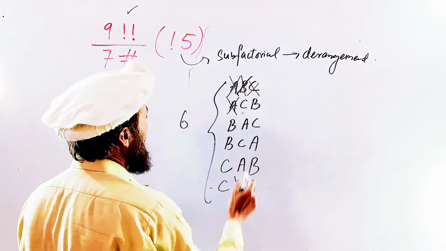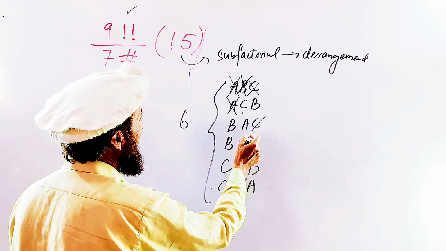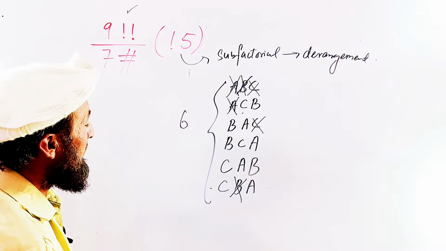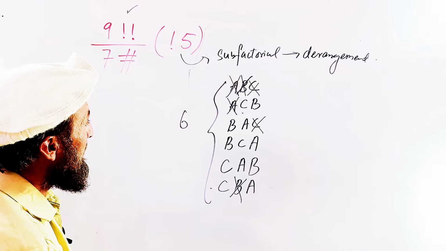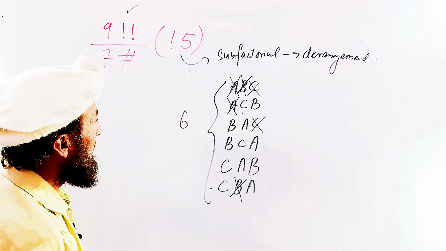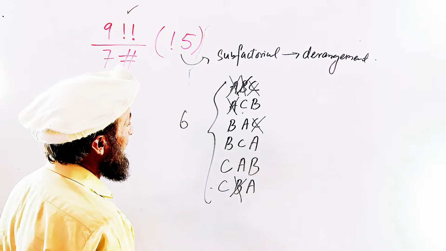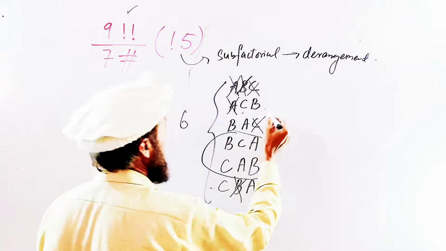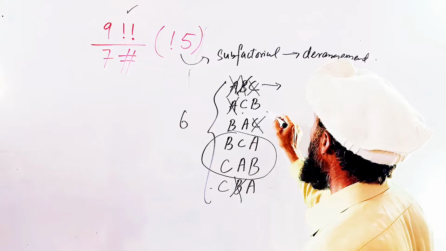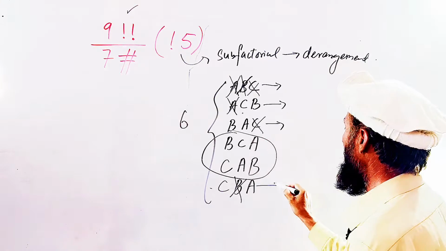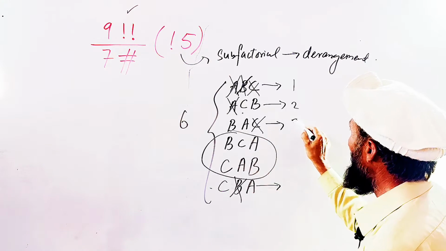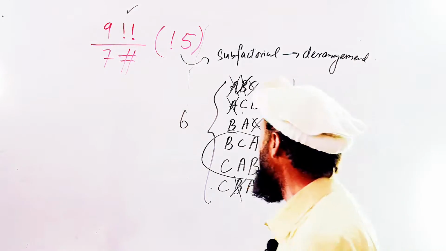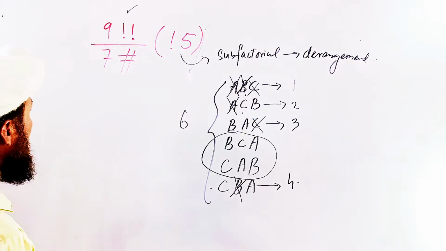The 4 ways with a letter in its original position are not included. So there are 2 possibilities remaining.